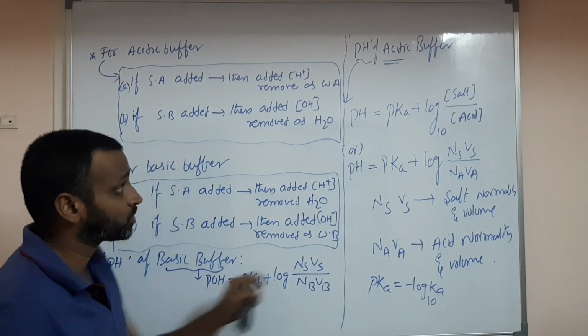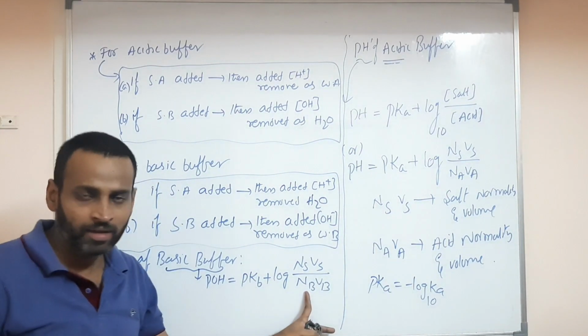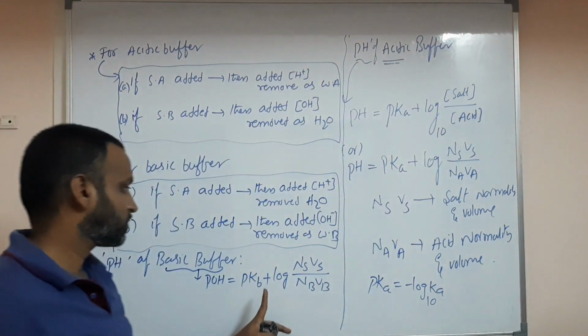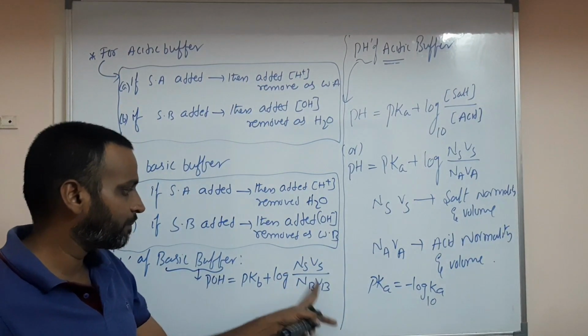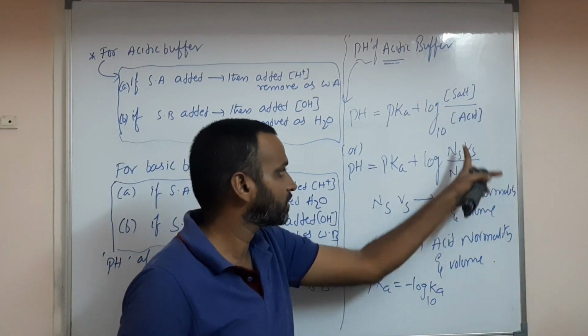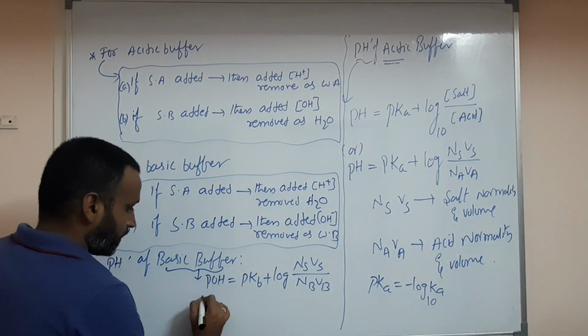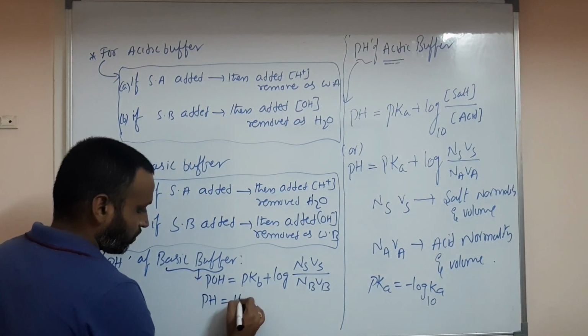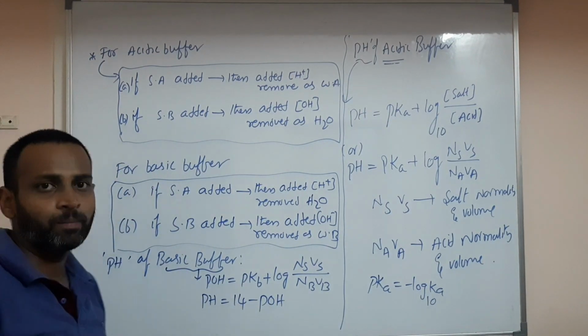You can write like this also, concentration of salt by concentration of base, but it is not required, so mostly we use this. Okay, when volumes are the same, then volumes will cancel here if they said. Then pH, if they ask, is 14 minus pOH. This is the pH of a basic buffer.